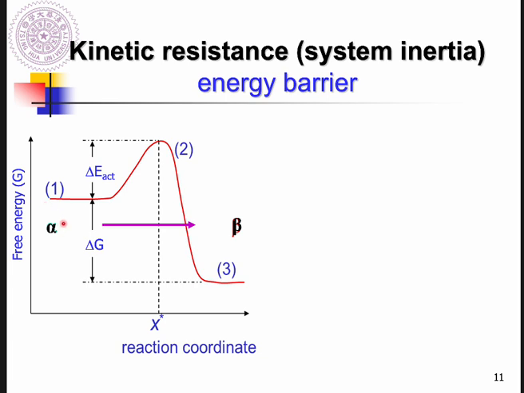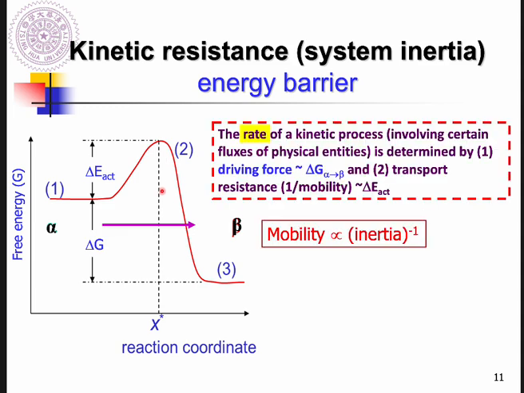That leads alpha phase to finally convert to beta phase. Based on thermodynamics, it will go this way. But we also need kinetics to tell us how fast or how slow, how much time it takes, related to the activation energy, or what some people call the energy barrier.